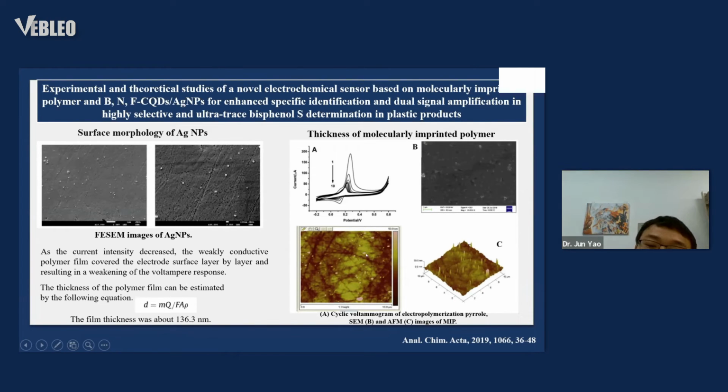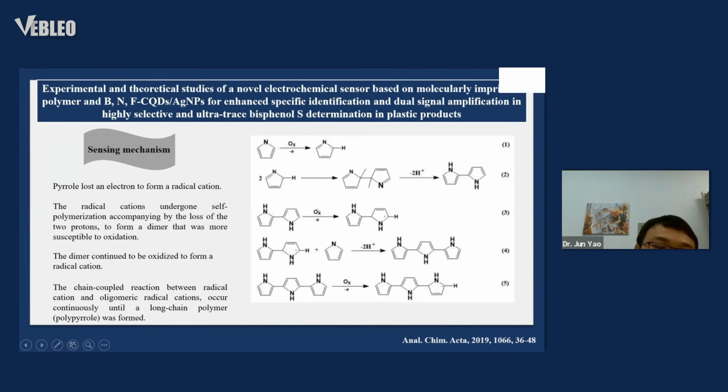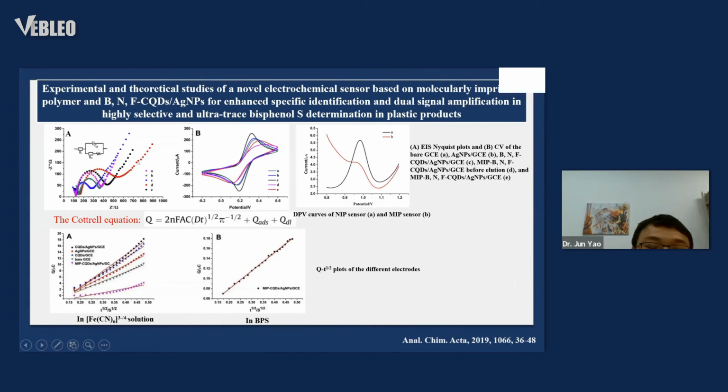From the AFM, we can calculate the film thickness is 136.3 nanometers. This is a sensing mechanism. This is EIS, CV, ASV curves.